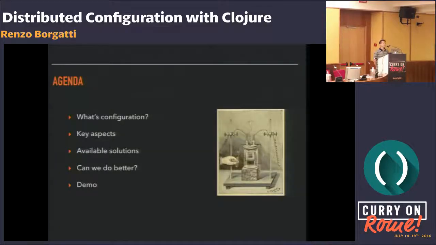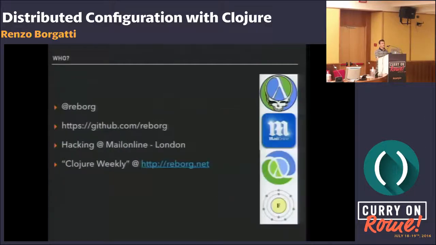And a model that, in my opinion, solves at least the problems that I have in my current professional activity. I'm Reborg on Twitter, you might know that handle, and on GitHub as well. Currently I work at the main online, a quite big Clojure application.